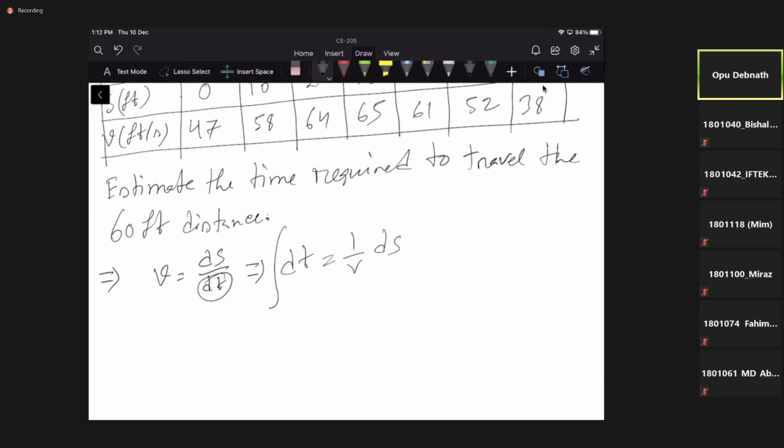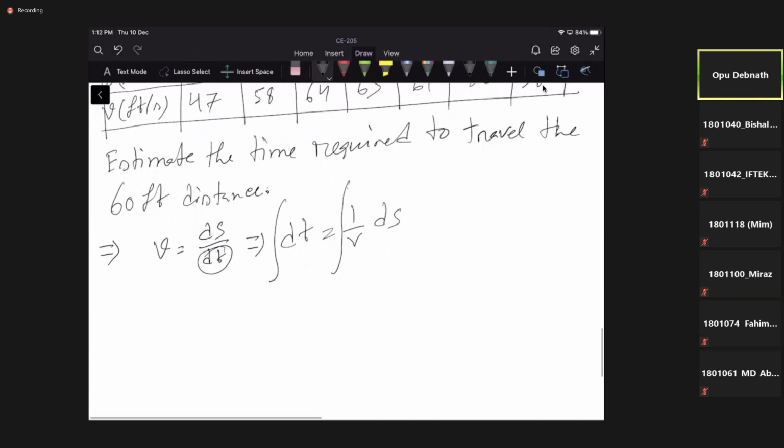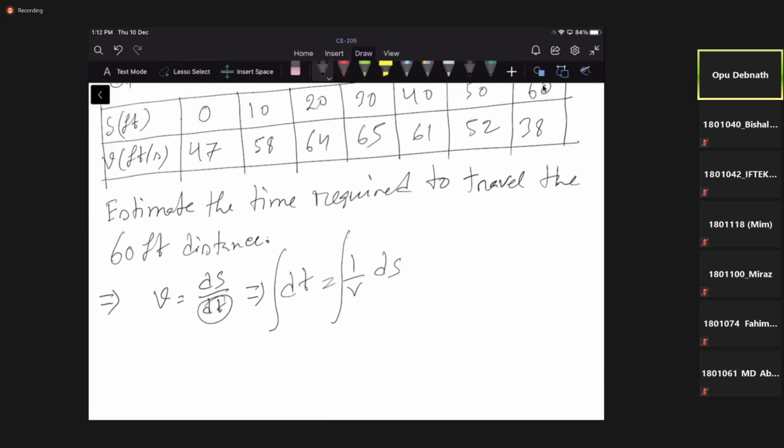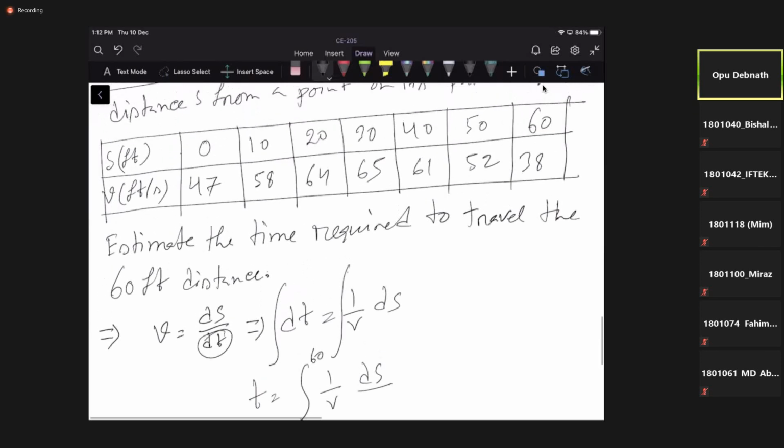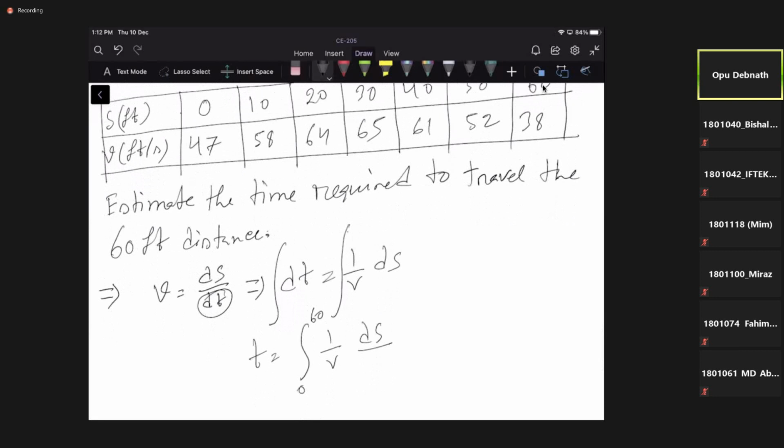So if you want to calculate the total time, you need to integrate within a range. That means total time t will be the integration of 1 by v ds with the s limit 0 to 60. And if you ask what will be the time up to 40 feet, that means the time the particle takes to reach 40 feet, in that case just change the limit, 0 to 40.